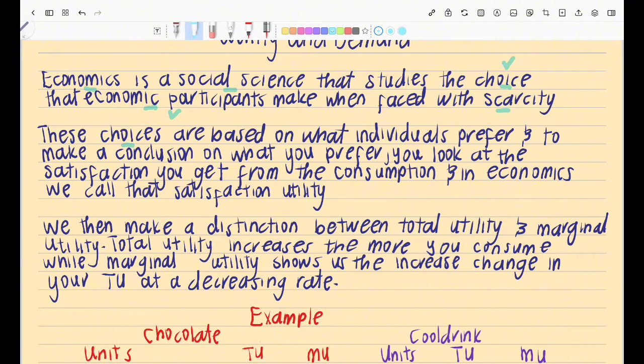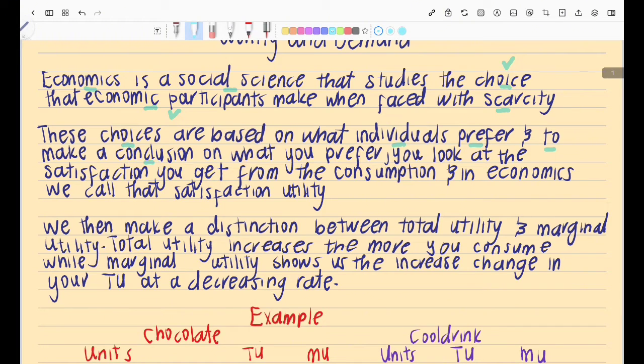These choices are based on what individuals prefer, right? The choice that you make is based on whatever it is that you prefer. To understand or make a conclusion on what someone prefers, you look at the satisfaction that they get from consuming that good.